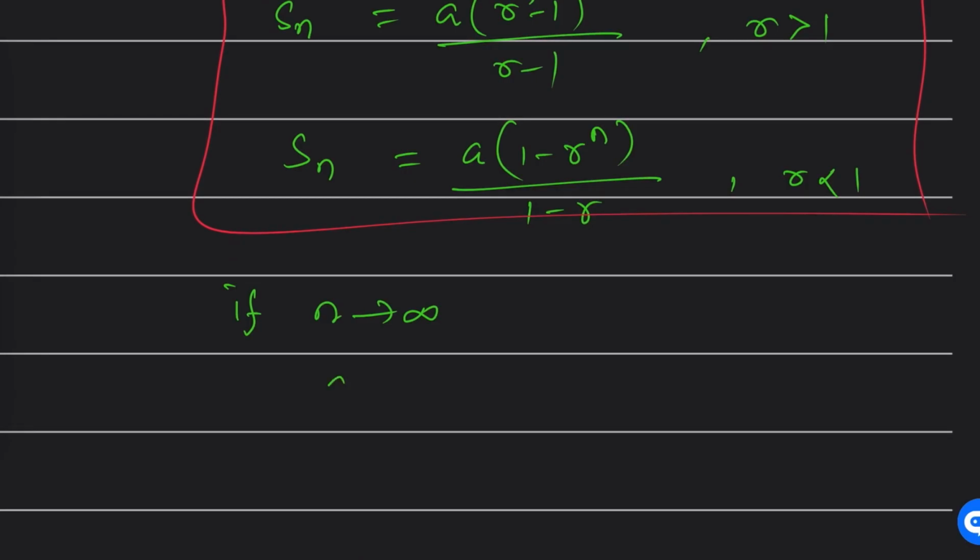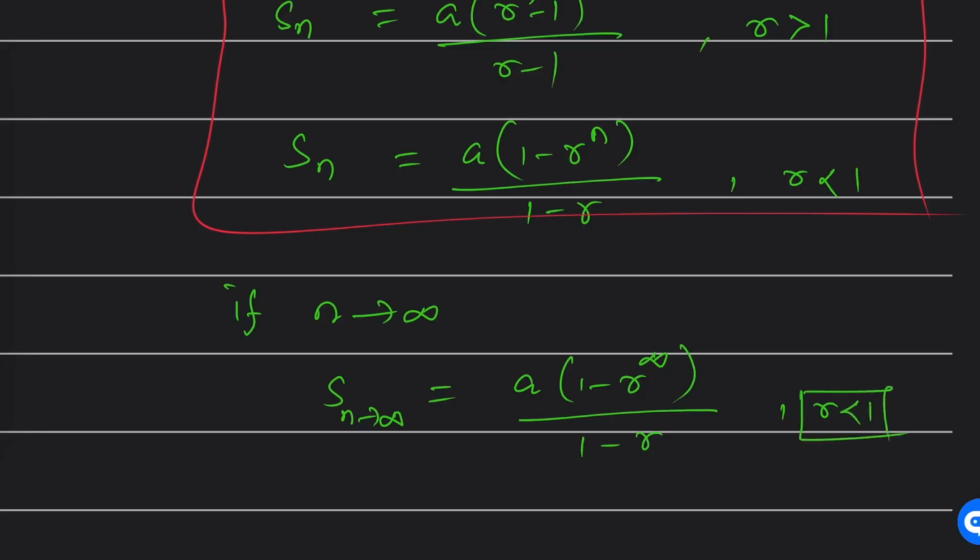We write S_infinity = a(1 - r^infinity)/(1 - r). Sorry, r is not infinity, my mistake. So r power infinity, and r is very much less than 1.